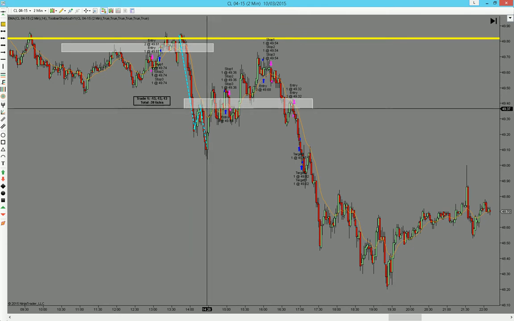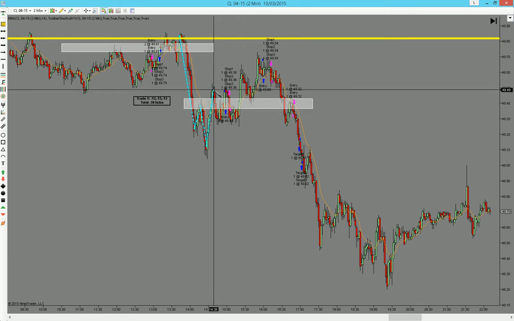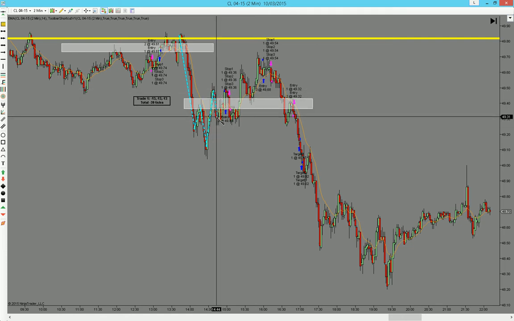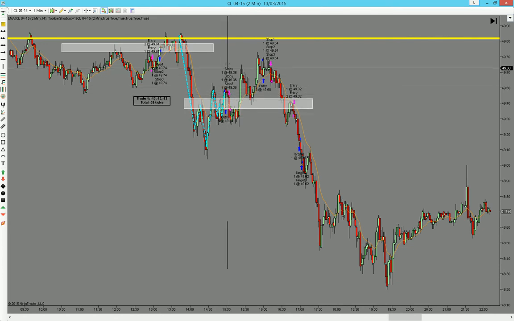Price could not hold the resistance level, bounced back up to it, came back to it, formed the W pattern, giving us the entry.